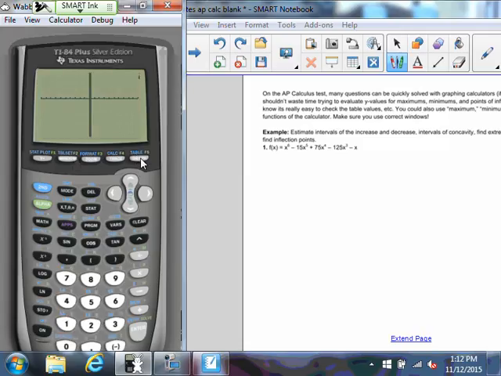Okay, and that's good. Let me turn off the light so you can see this better. So you can go ahead and you can find that minimum. We're going to have to find it anyway, might as well, right? So go ahead and find the minimum using your calculator. So do second trace minimum.